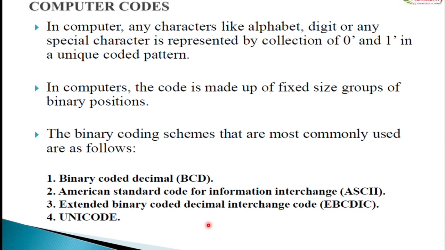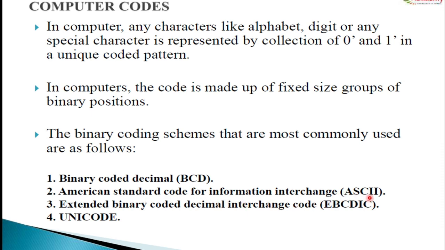So we need to communicate with the computer. Here we have certain computer encoding systems, because the computer only understands binary language. The main encoding systems used are Binary Coded Decimal, American Standard Code for Information Interchange, ASCII.